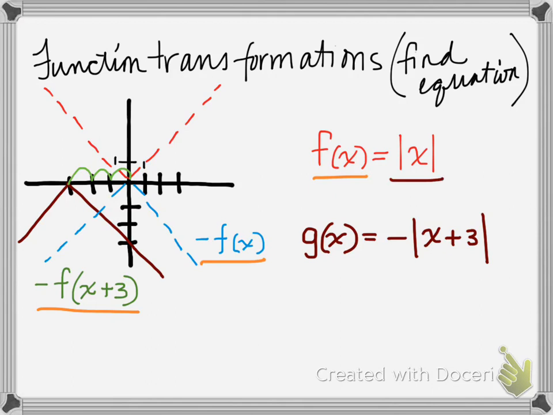The absolute value of x here, this absolute value comes from that absolute value. This negative here, if you go all the way to the left, comes from that negative. Or really, I guess initially it came from this negative in the middle. And then this plus 3 is all carried forward to our final equation.